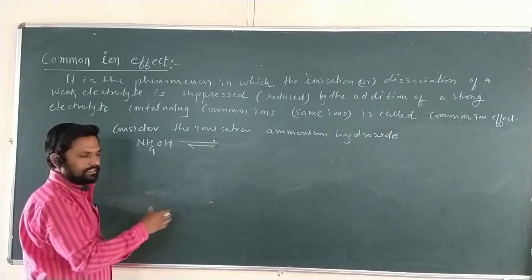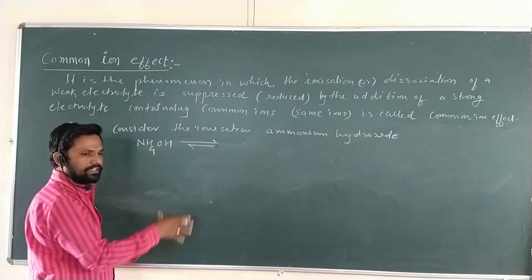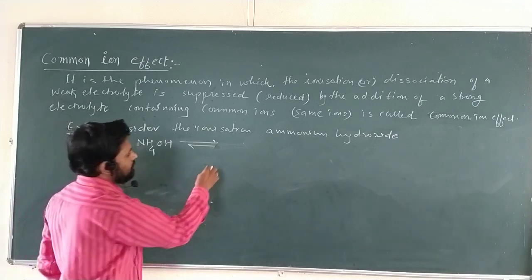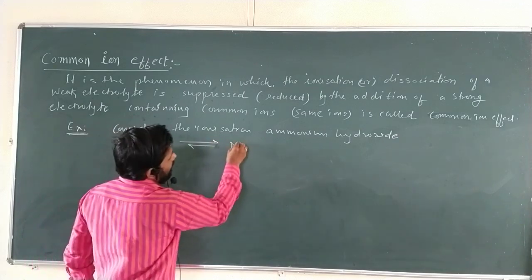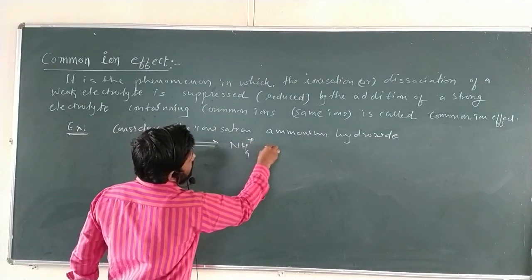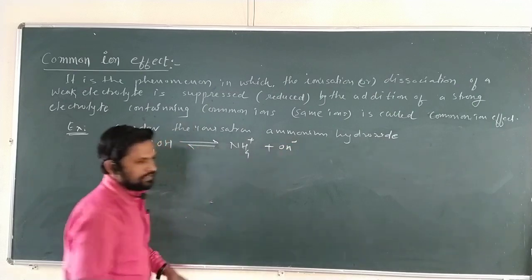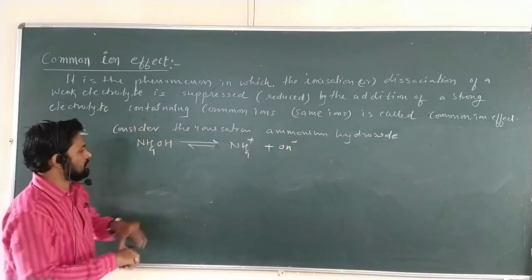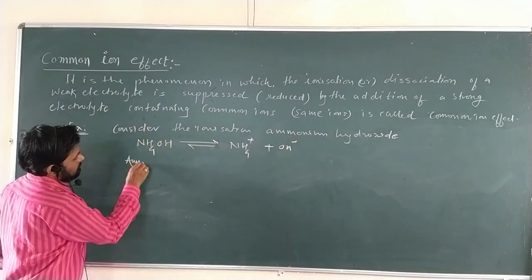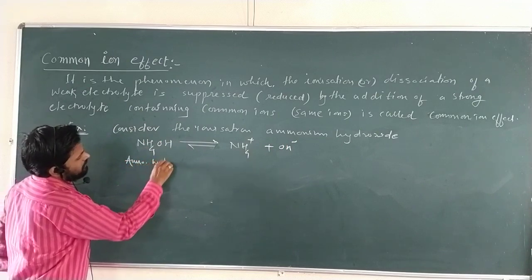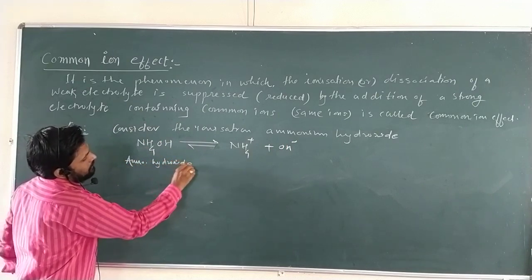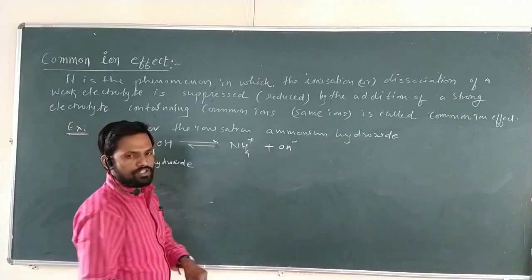Partial, that is, the ionization is to a very small extent. Therefore, it is shown as an equilibrium reaction. It forms NH4 plus and OH negative. This is the ionization of this weak base, ammonium hydroxide, which can be ionized into NH4 plus and OH negative.